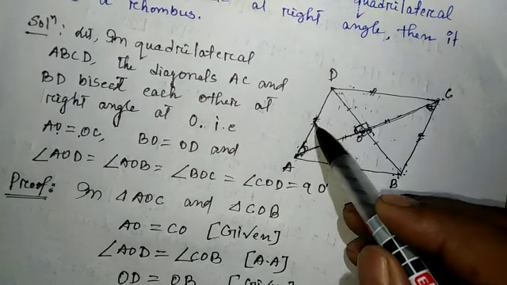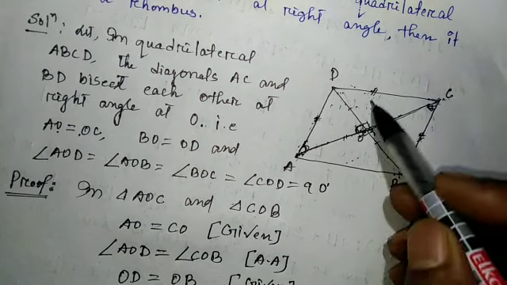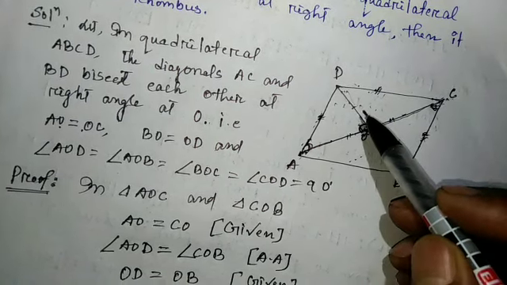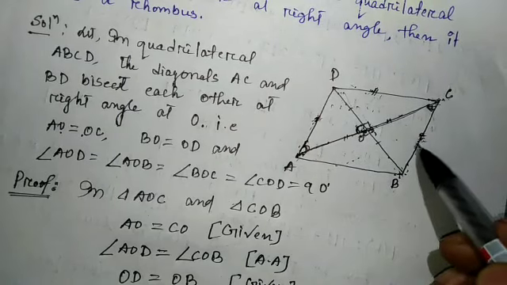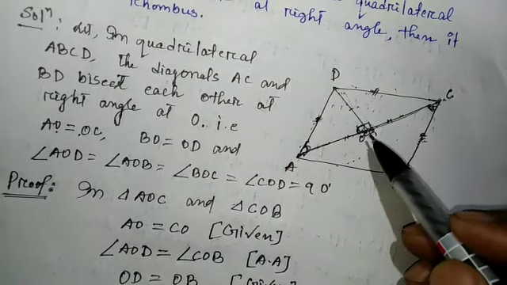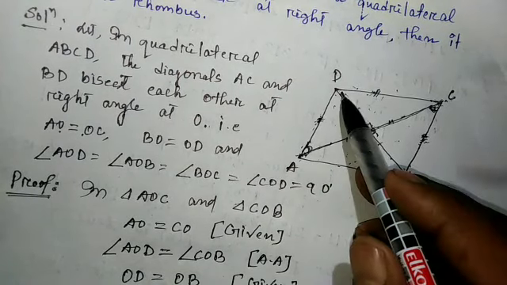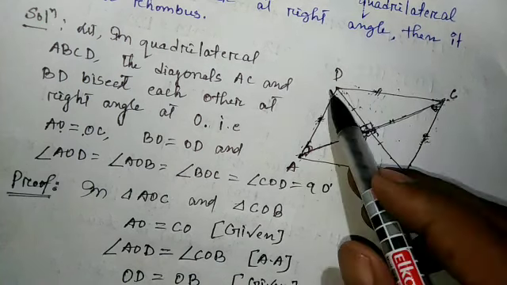Why? Because AD is equal and parallel to BC, and these two sides are also parallel. So we have to take any two triangles. Take triangle AOD, then we have to take COD.